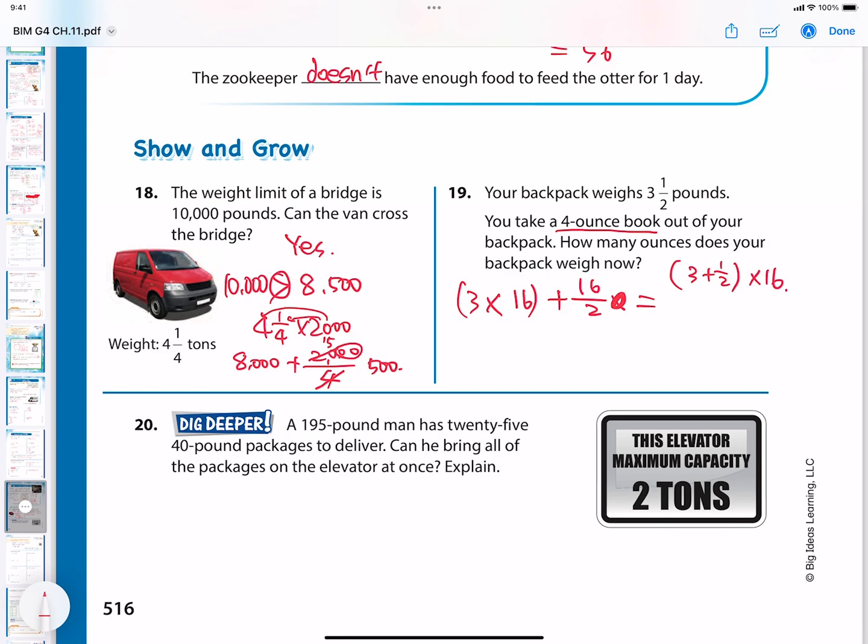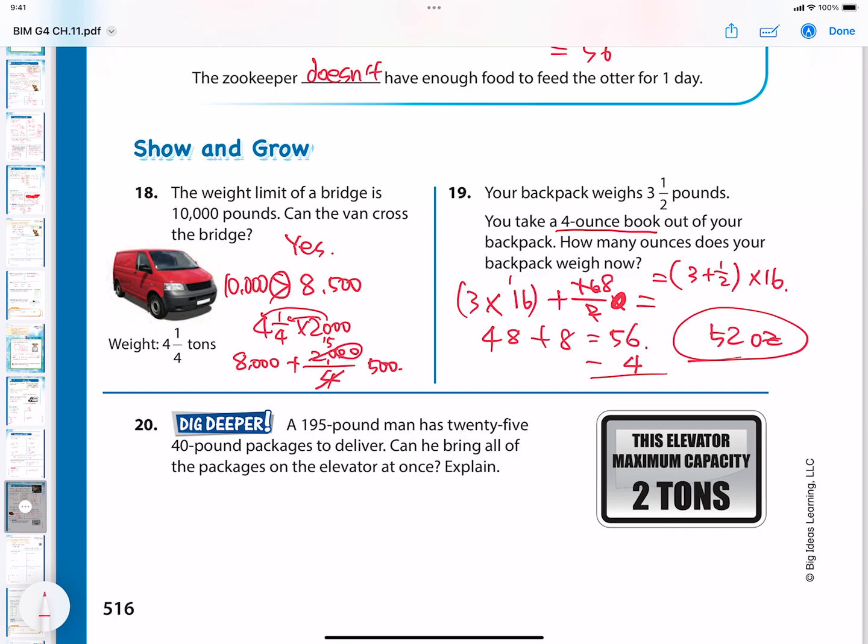Times 16. Okay, same thing. So 48 plus what? 2 can fit into 16 by 8 times. 56. Okay, so now from 56 ounces, you took a 4 ounce book out of your backpack. That means you have only 52 ounces left.